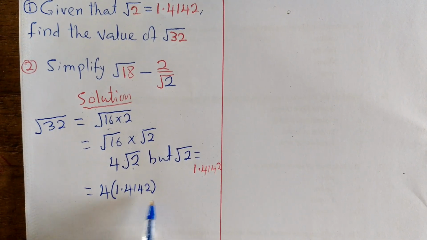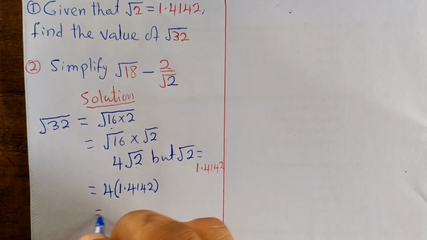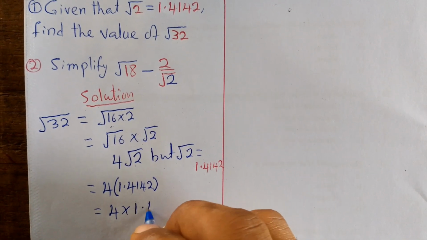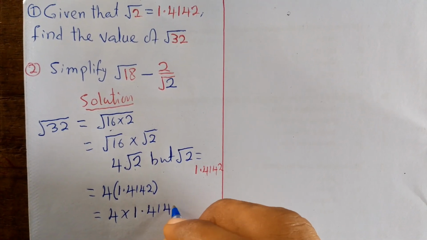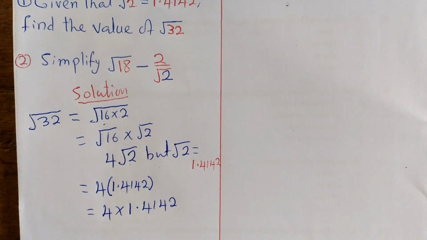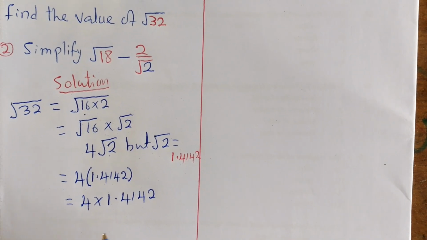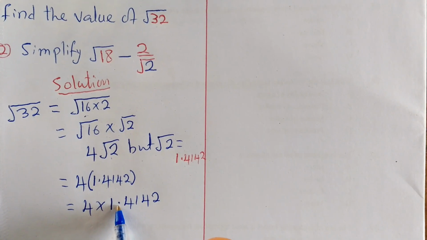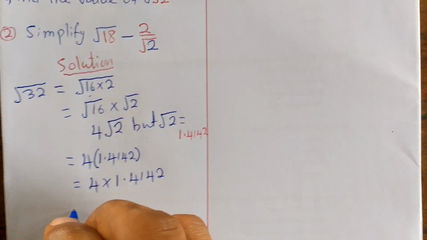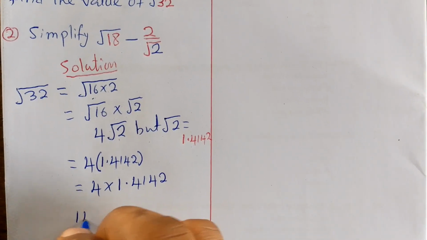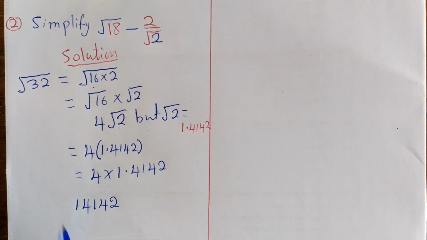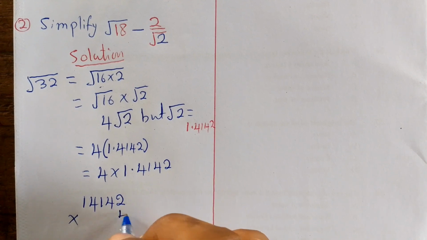So this means they are multiplying. This can also be written as 4 times 1.4142. Then how do you multiply this? Now I will teach you this way. I will not make use of the decimal point now. So I'll be having something like 14142, and I will multiply by 4.